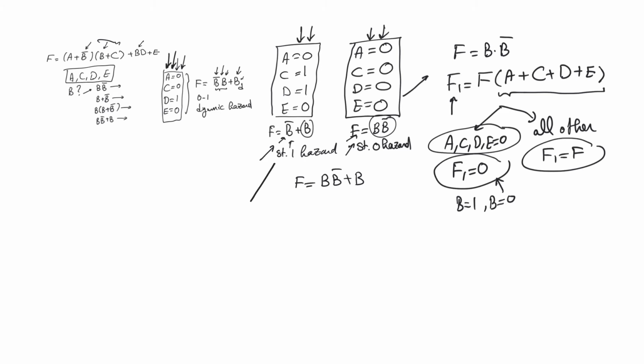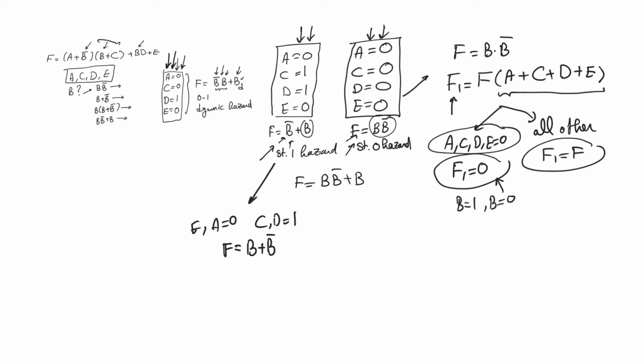Now let's take the static one hazard, which occurs when a is equal to 0, e is also equal to 0, c and d are both equal to 1. This occurs because in that case, the function f is equal to b plus b bar, which is supposed to simplify down to 1.